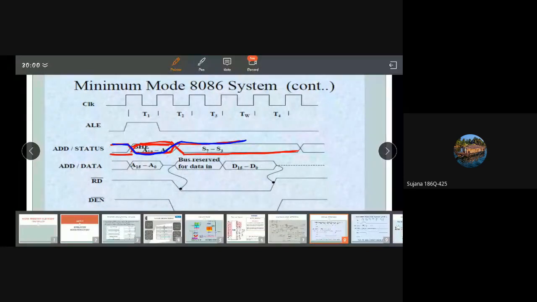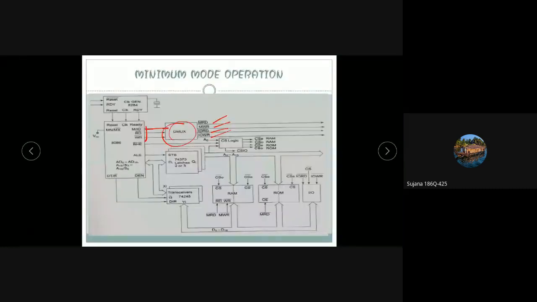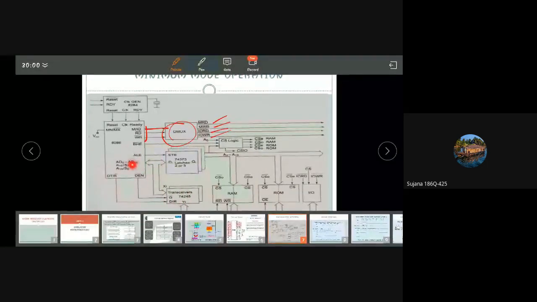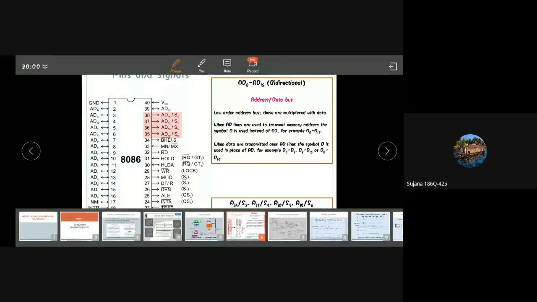So coming to the address data lines. So here you have 16 address data lines. On activating of this DEN bar and DT/R bar, that means on activating of these transceivers, the transceiver will collect only the data from these multiplexed address data lines. So it will not take any address.